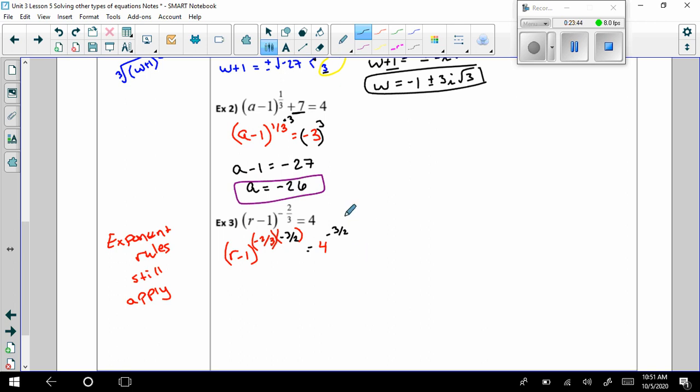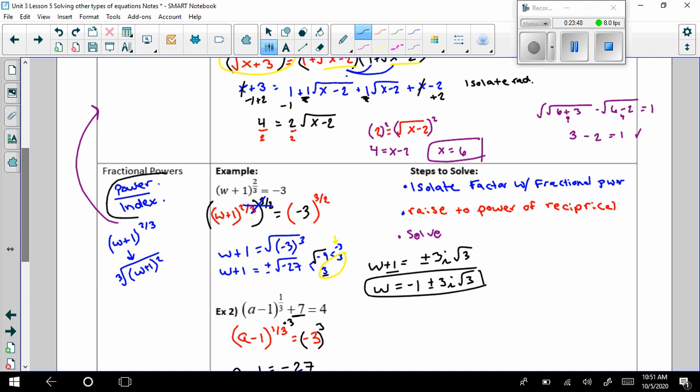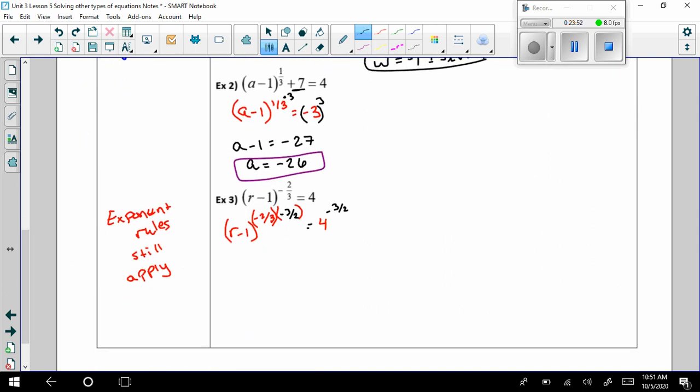Okay, well, again, power over index. So I can flip this. So r minus 1 is equal to 1 over, and this is the square root of 4 cubed. And now it's positive because I flipped it. It doesn't matter what order you do that in.